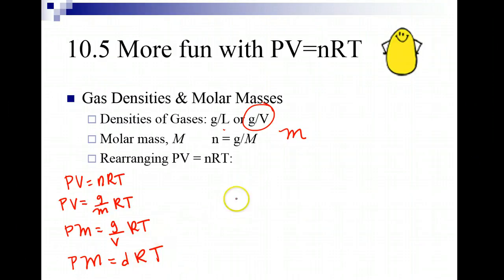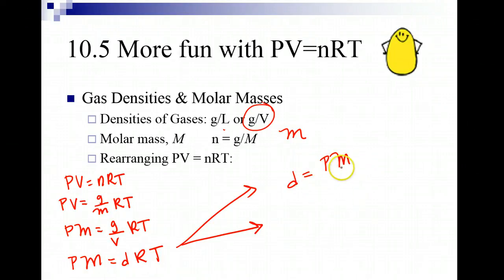From there, we get two very useful equations, and I would suggest you highlight these or put these in a box in your notes because they are very handy to use. One of them is this same information solved for density. So if I want to get the D by itself, it would be pressure times molar mass over RT.